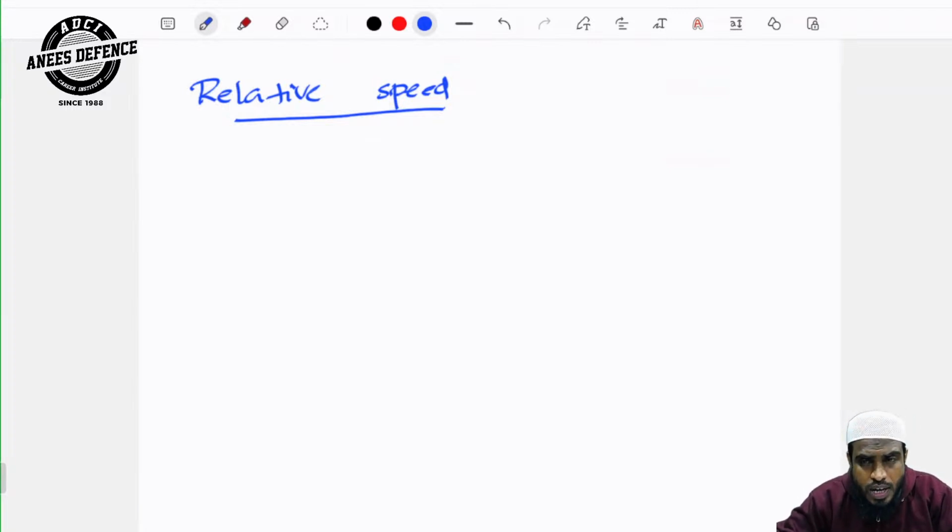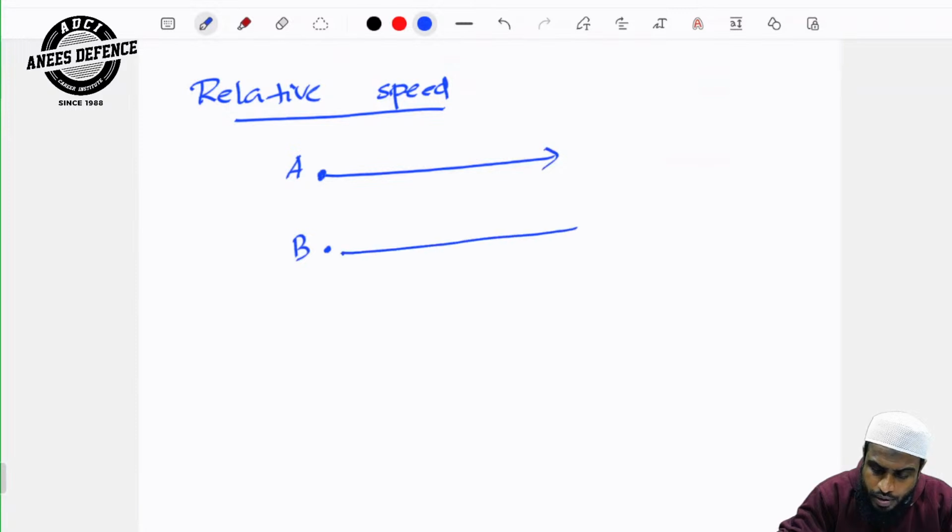Two bodies are simultaneously moving. That case we have to consider. For example, one body is moving from A and another body is B. Both are moving in the same direction.